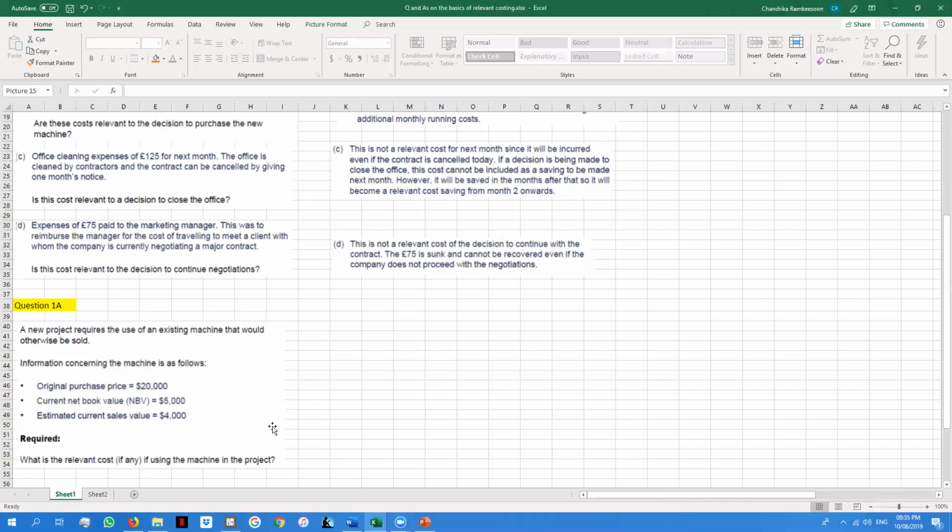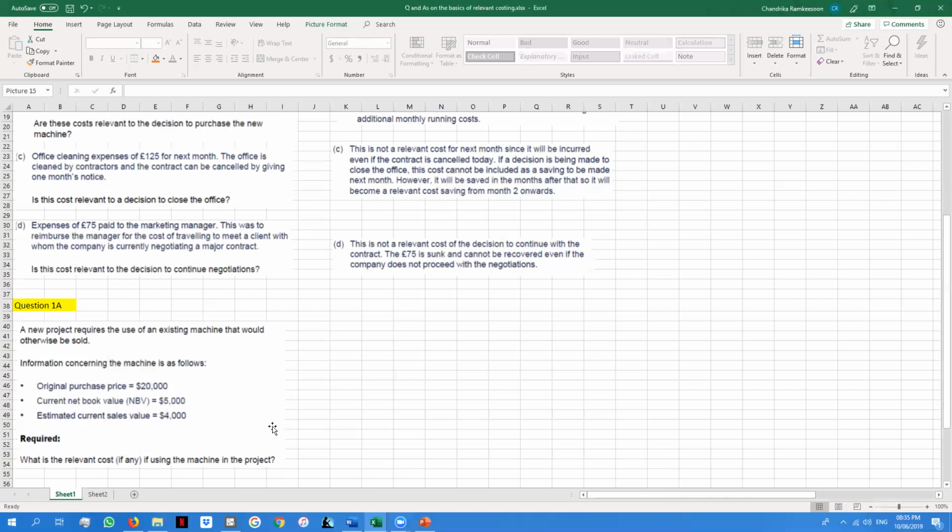Let's go back to the figures. The current net book value is 5,000. Of course, net book value is the original cost less depreciation to date. The book value right now is 5. The current sales value is 4. Just to make our point clear, I'm deviating a little from the actual answer.